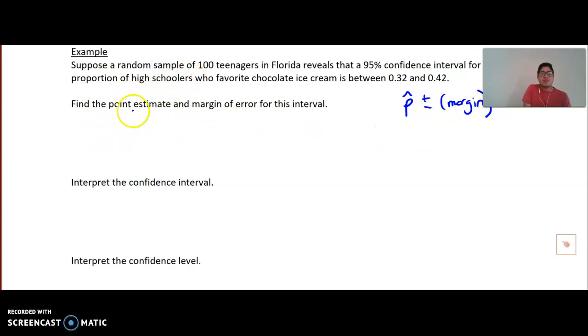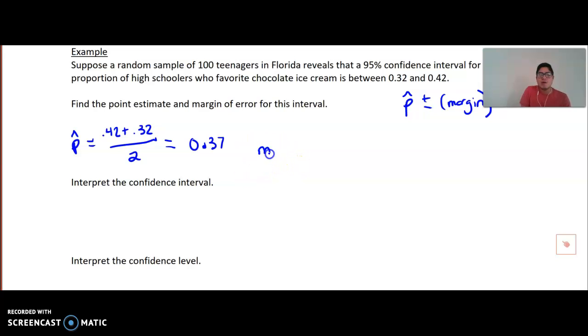Okay, so we're going to find p hat by taking the average of these two proportions, because one's the start point, one's the end point, and ideally, since we're using an unbiased estimator, it would capture the parameter. So for here, we're going to assume that the sample proportion, or true proportion, is going to be about 0.37. About 37% of high schoolers in Florida like chocolate ice cream, theoretically.